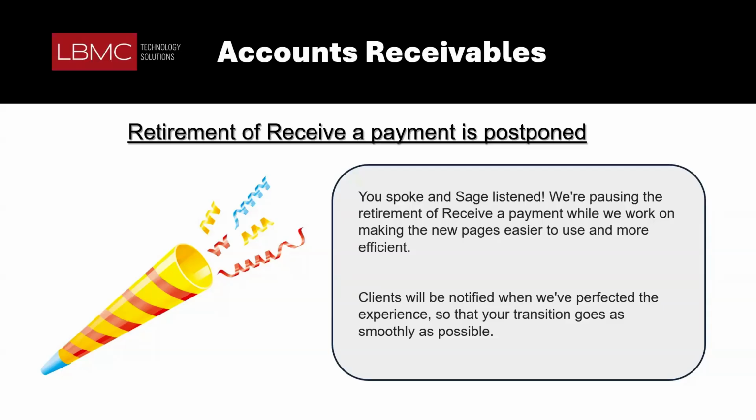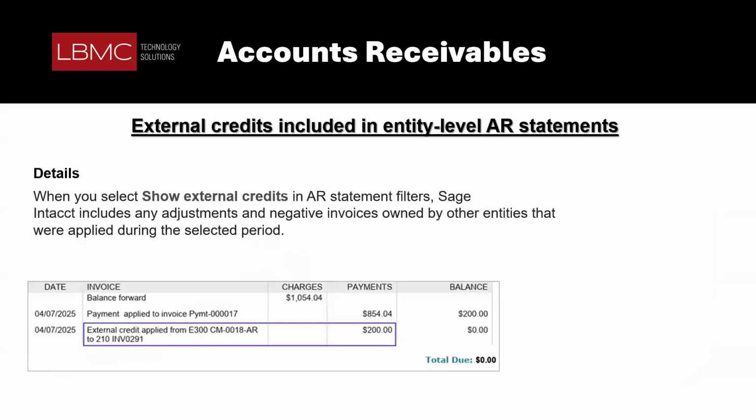So next, within your accounts receivable information, we have where extra credits can be included in inter-entity AR statements. You can align your entity level AR statement balances with your AR ledger and AR aging reports by showing credits that you apply from other entities. Previously within Sage, all external credits applied to transactions in the entity showed in reports, but only advances and overpayments showed in the AR statements run at that entity level.